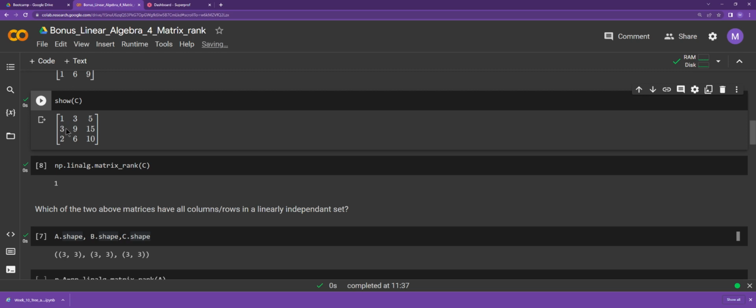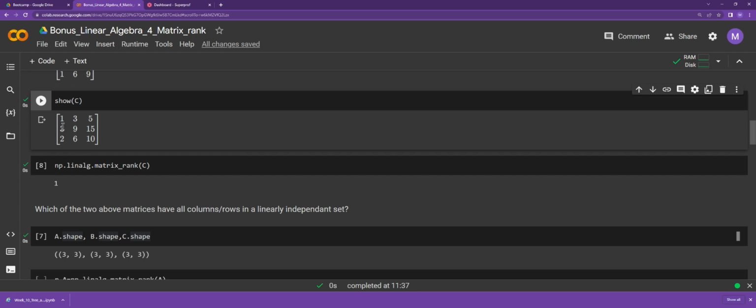Let's just look at the columns, for example. Can we get from column 1 to column 2 in a linear operation? What if we multiply column 1 by 3? You're going to get 3, 9, 6. So these two columns are linearly dependent. How about column 1 and column 3?